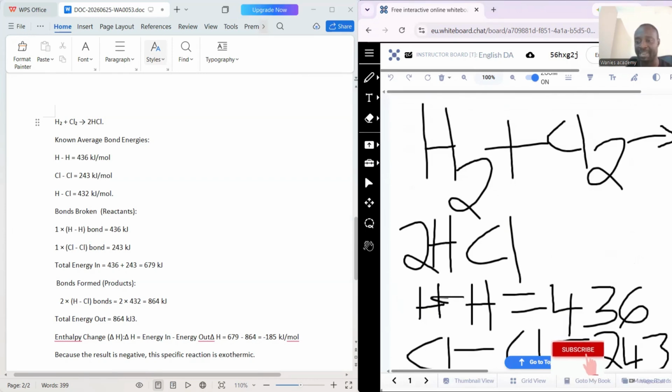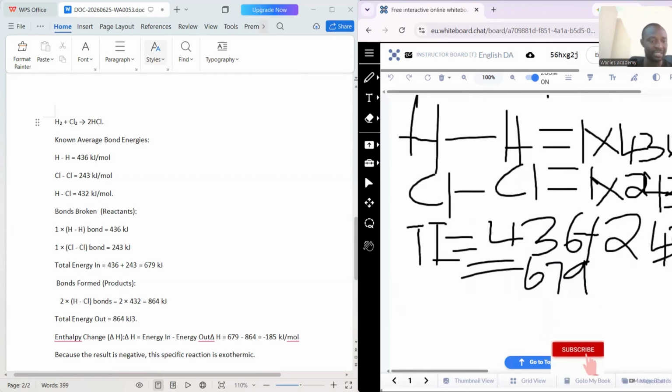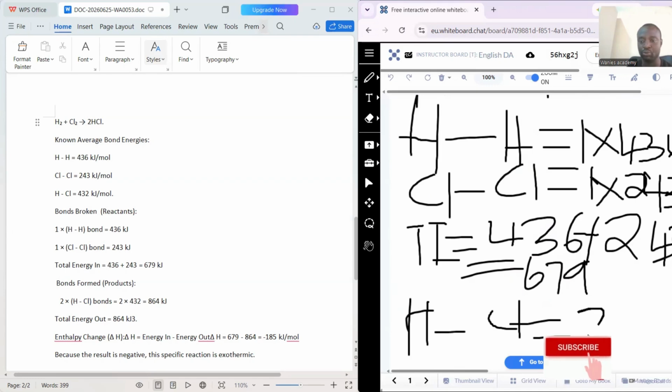The average bond energy for hydrogen chloride is 432, so that will be 2 times 432 kilojoule.